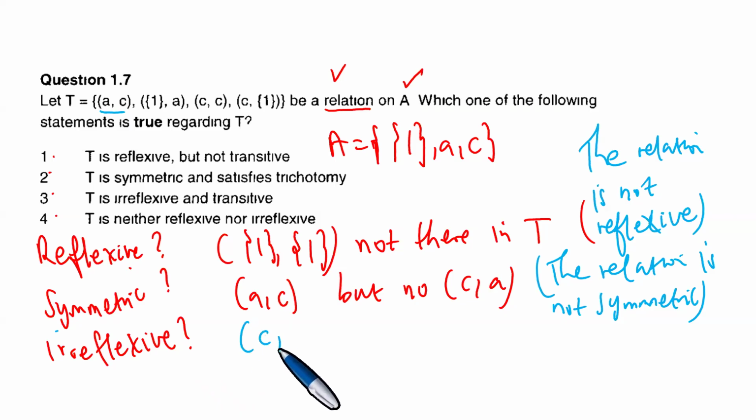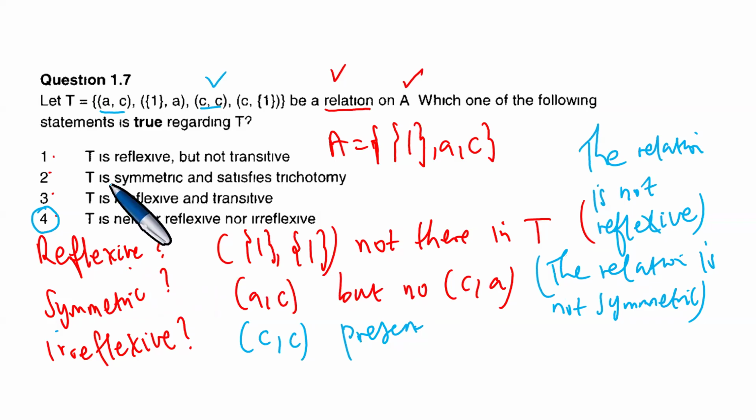We see that CC is present, because we can see it in the relation T. Therefore, the correct option will have to be option 4, which says T is neither reflexive nor irreflexive. Option 1 says it is reflexive, but surely it is not.